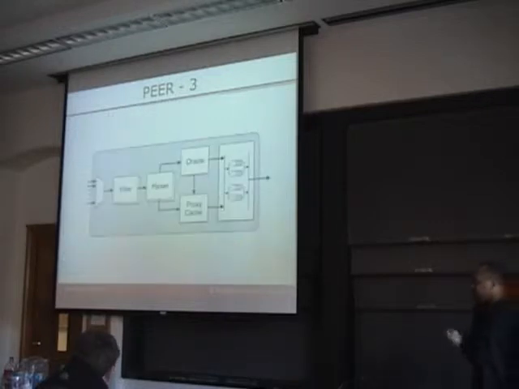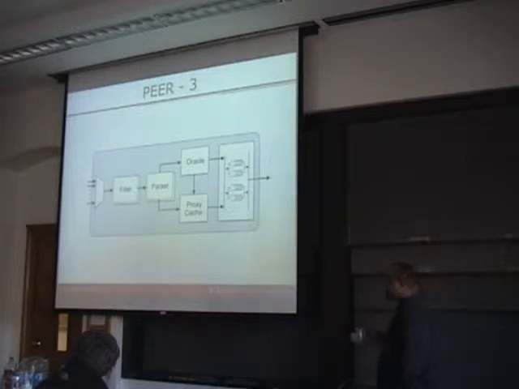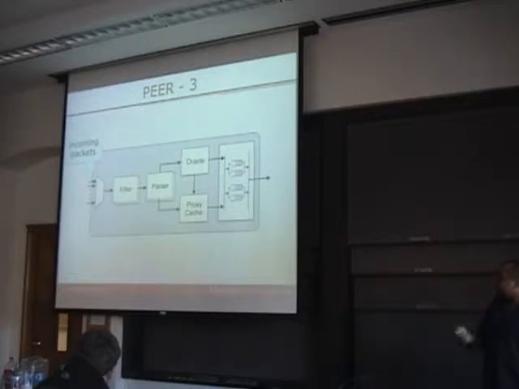So let's briefly look under the hood and see how peer is designed. Basically, peer consists of 4 components. Imagine incoming packets on the wire. There's a filter component that detects control messages, queries to the tracker. There's a parser component that extracts the metadata from the query.